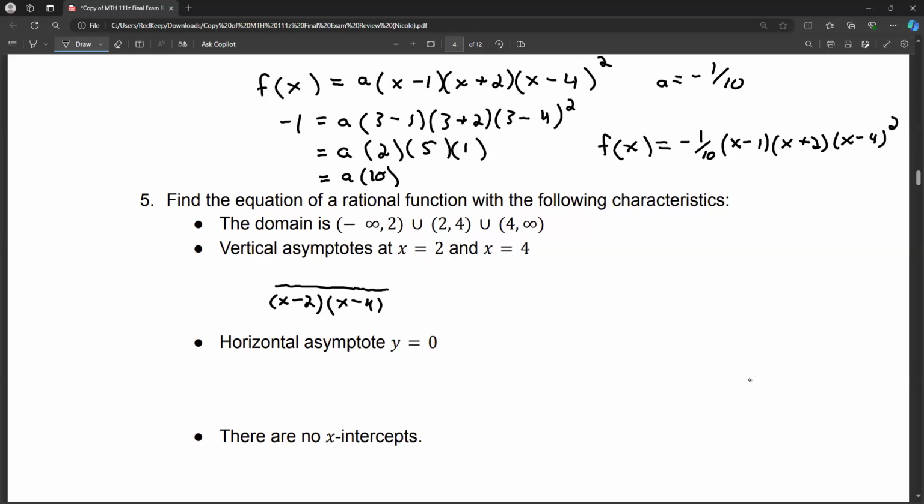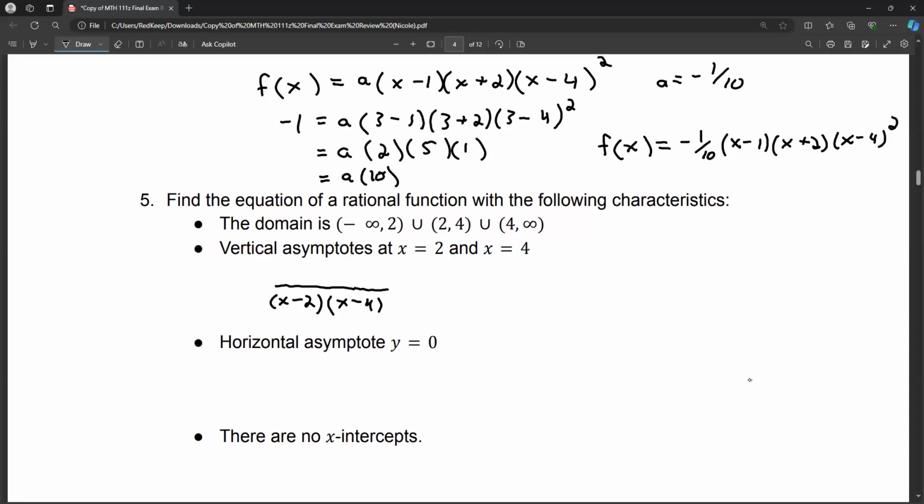Next, it's giving me information about the horizontal asymptote at y equaling 0. And so the horizontal asymptote at y equaling 0 implies that the degree of the numerator is less than the denominator. And we can infer from the information I just wrote down about the denominator that it has degree 2.